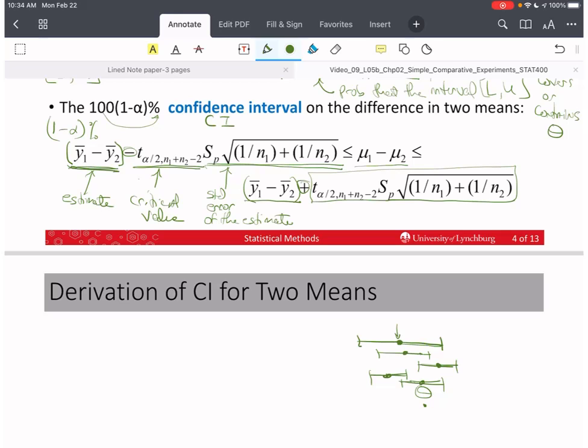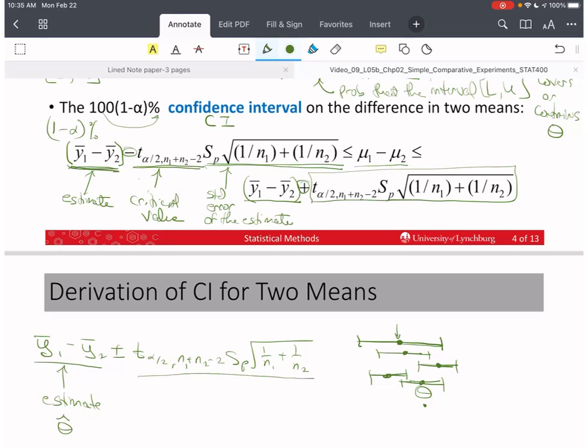And so what we can say is y1 bar minus y2 bar plus or minus t alpha over 2, n1 plus n2 minus 2, and then s sub p square root 1 over n1 plus 1 over n2. So this is our estimate, and we would call this theta hat in this case, because the hat is the estimate, not the MLE, but just an estimate.